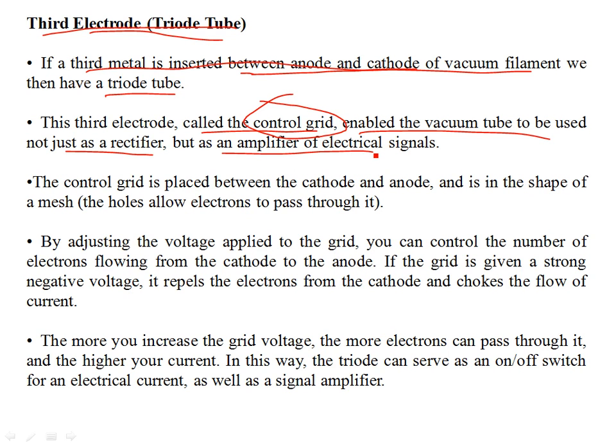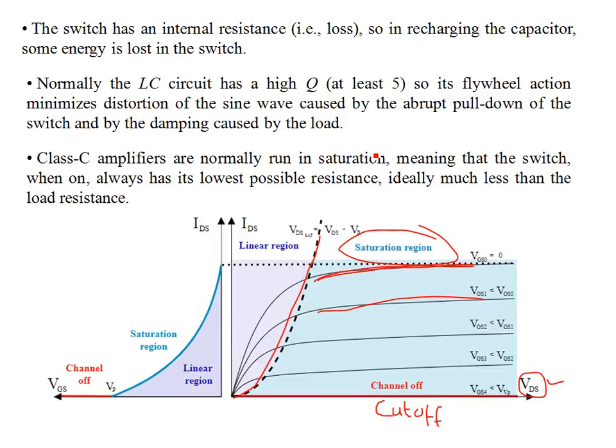Okay, you are controlling the channel width by controlling the VGS. So as VGS is decreased, as it goes more and more negative, you are driving it into cutoff. Why cutoff? Because the depletion width increases and the channel width decreases for the JFET.